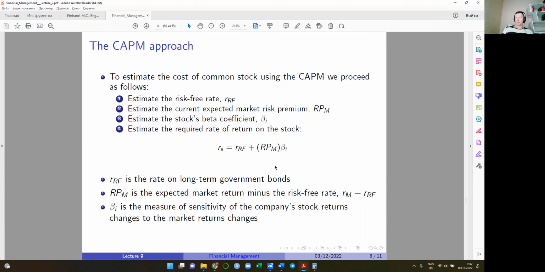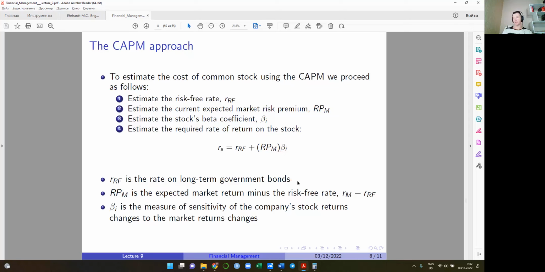Beta is the measure of sensitivity of the company's stock returns changes to the market return changes. I'm not going to discuss the technicalities of this beta coefficient computation. You need to simply know how the model looks like, and you need to understand at least the conceptual things, what each of these three elements mean.